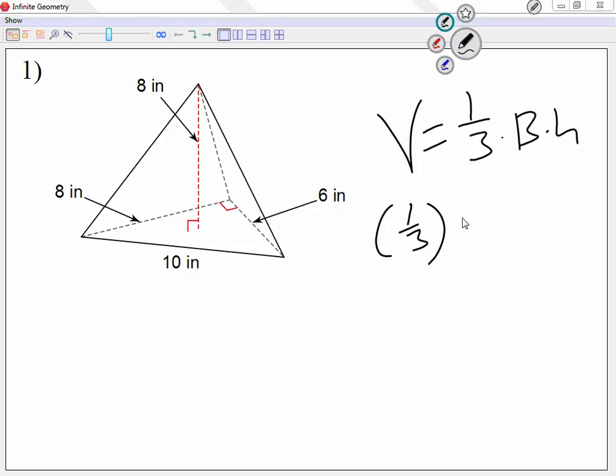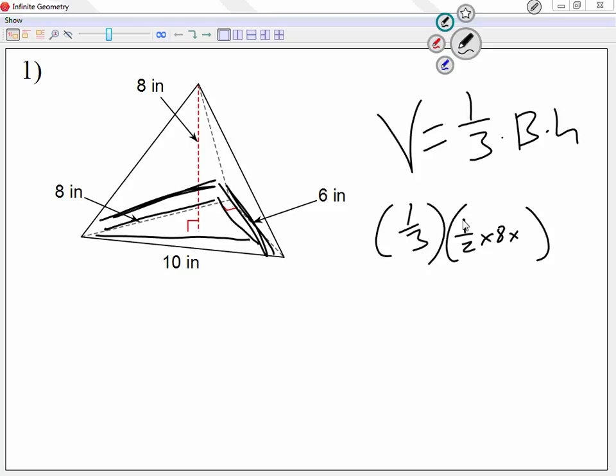Then I'm going to multiply it by the base. The base is a triangle. And I know for the triangle, the two numbers that give me the area of the triangle are the two numbers across at 90 degrees, which in this case is 8 and 6. But it is a triangle, so don't forget 1 half times 8 times 6.